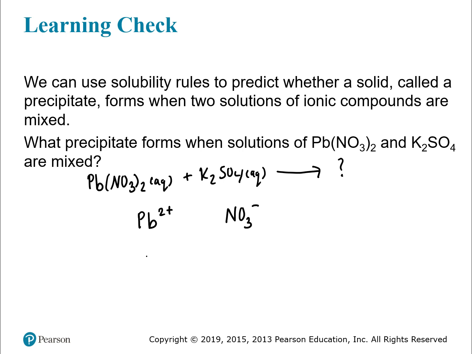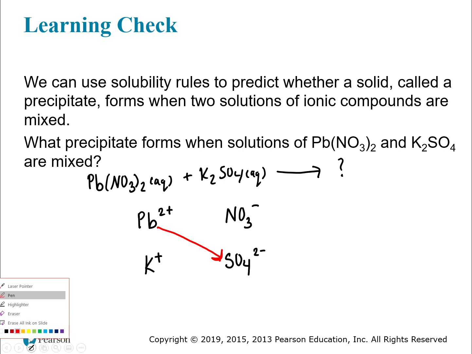With the potassium sulfate, we have potassium ions and sulfate ions. When you mix these together, the lead has the opportunity to interact with the sulfate. And the potassium can interact with the nitrate.